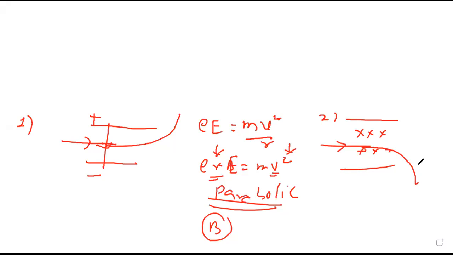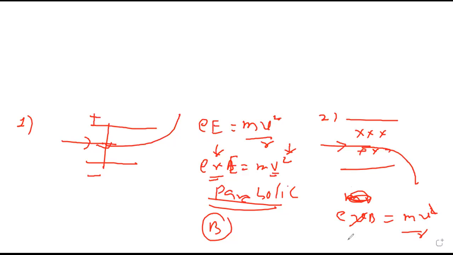Inward is the magnetic field by index. Middle finger turned to the left side. Thumb is coming downward. So that means this will bend downward, such that magnetic force eVB equals mv square by R. This power will cancel.